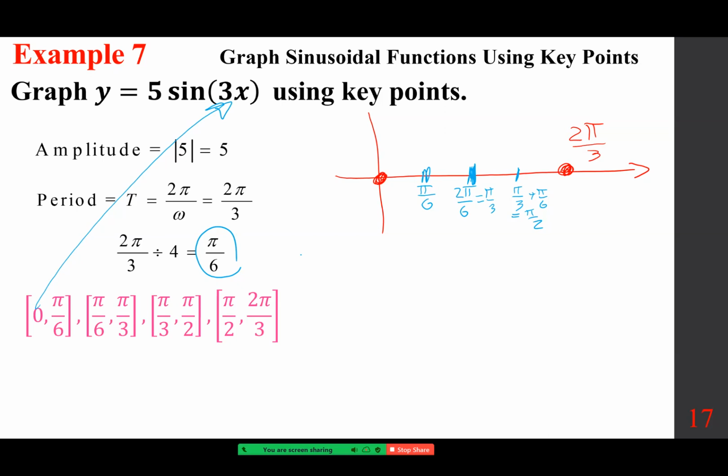So y equals 5 sine of 3 times pi over 6, which means 5 sine of pi over 2, and that makes it 1. 5 times 1 is 5. So you can figure all of them out. We got 0, we got pi over 6. Let's do pi over 3.